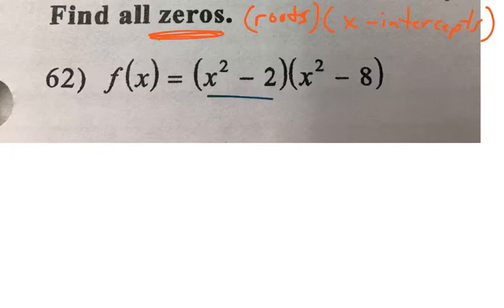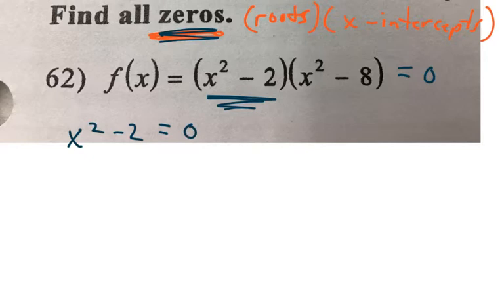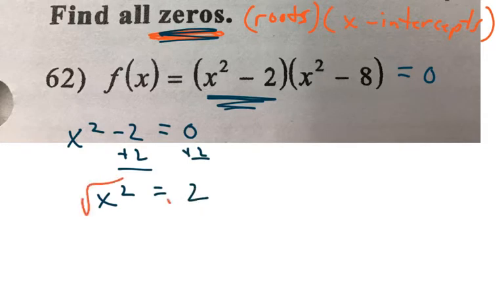Well, I've taught you many times in class, we're going to make each factored part a zero, right? If we want to know where it equals 0, we set it equal to 0. So when does x squared minus 2 equal 0? Well, adding 2 to both sides, that's when x squared equals 2. And once I square root both sides, x is going to be positive or negative square root 2.